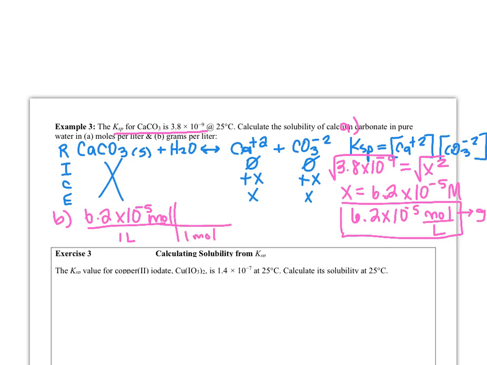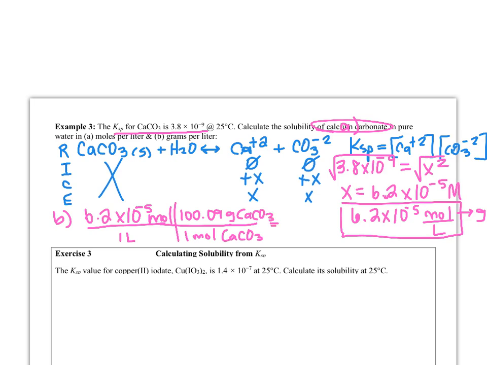So for every 1 mole of, and this is going to be of the calcium carbonate, right? I would add up my molar mass. So I'm going to add up calcium 40.08 and 12.01 and 48, and I get 100.09 grams of calcium carbonate.